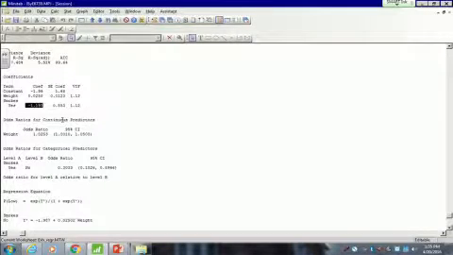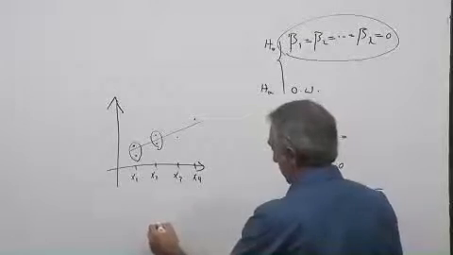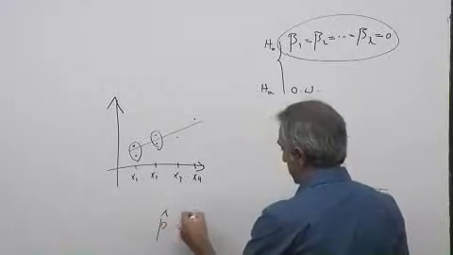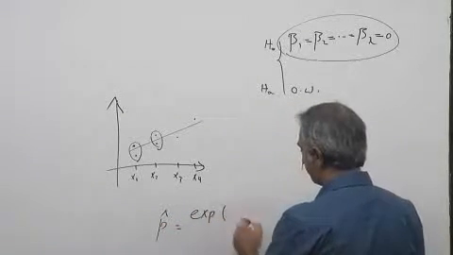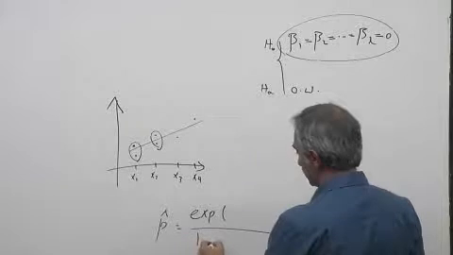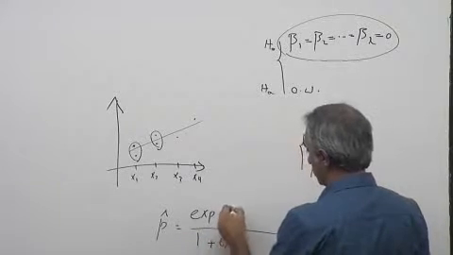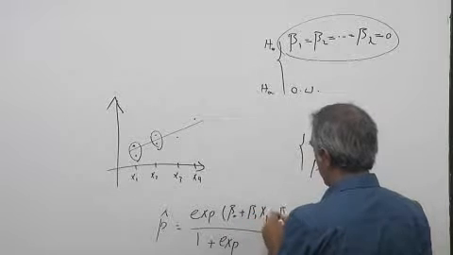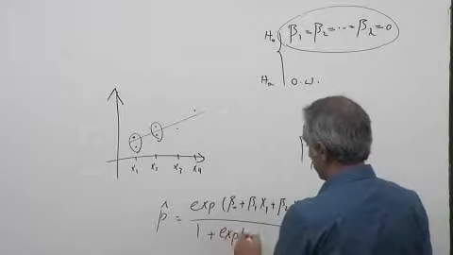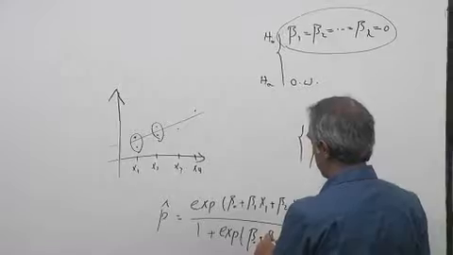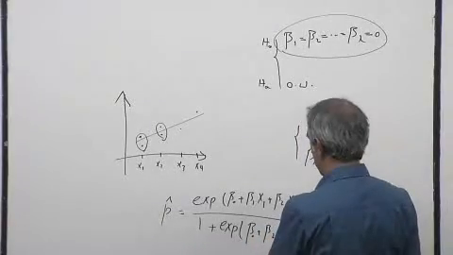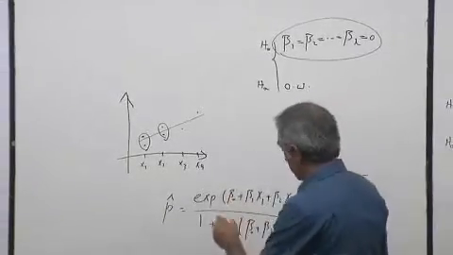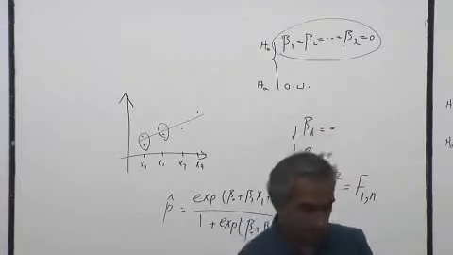So basically, your p hat is exponential of beta 0 plus beta 1 x1 plus beta 2 x2, over 1 plus the same thing here. And these coefficients are estimated here.